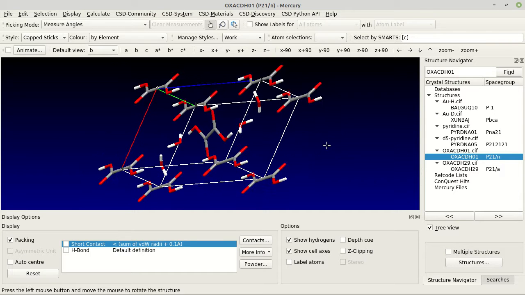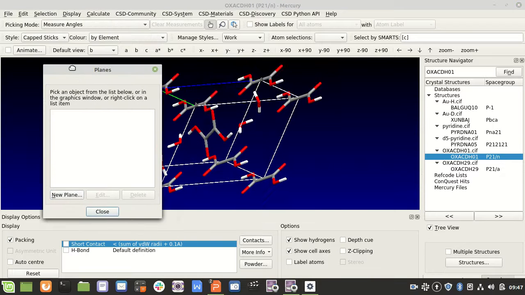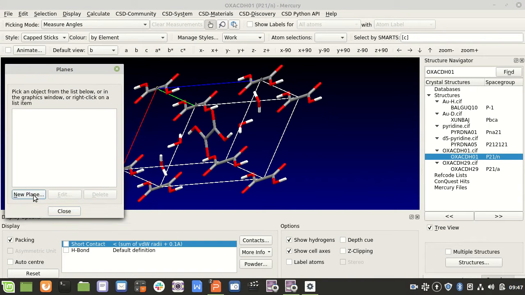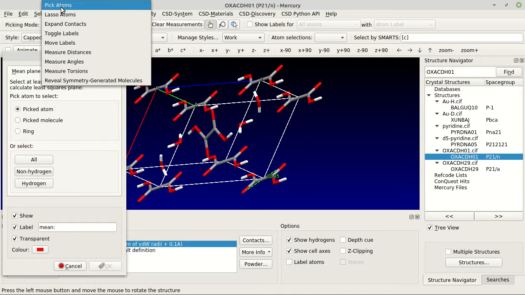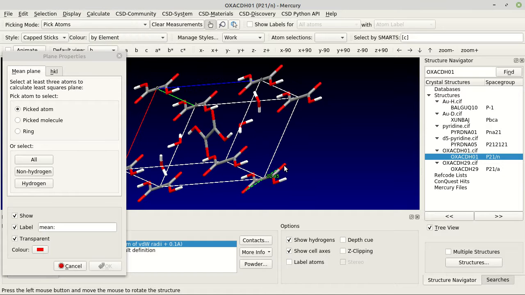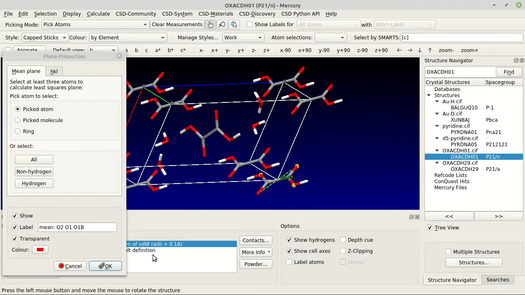on these planes. What we are doing now, we calculate planes. This is very easy here. A new plane. So, click, click, and click. Oops, sorry, we must pick atoms. So once again, click, click, and oxalic acid is planar, so we need only 3 atoms.